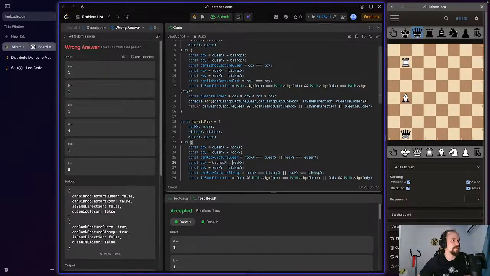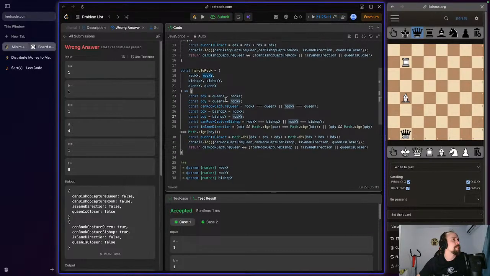Just for reference, we did it like this, so that the piece we cared about was always on the right. That's important. Okay. Let's submit it again.